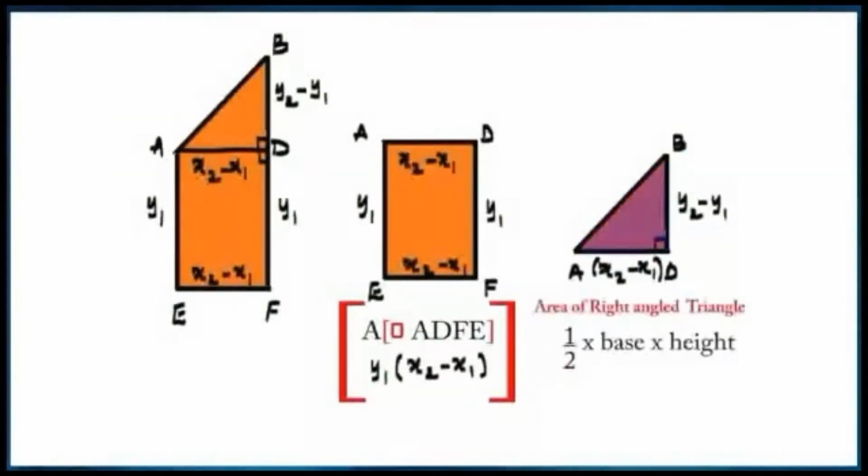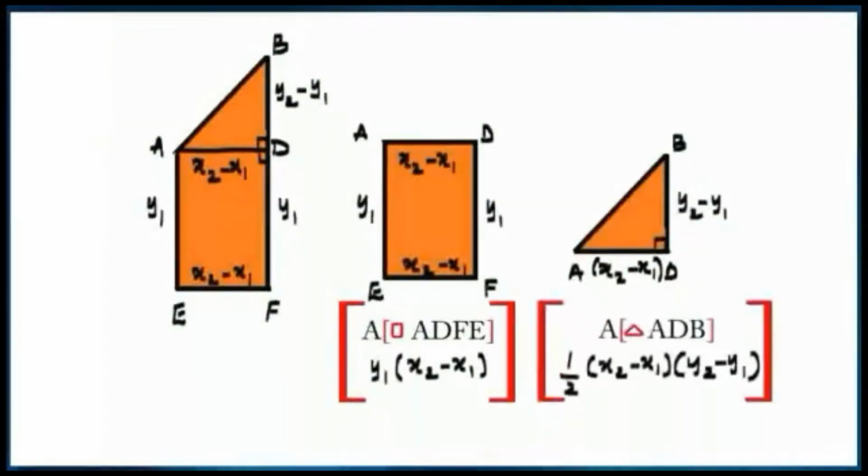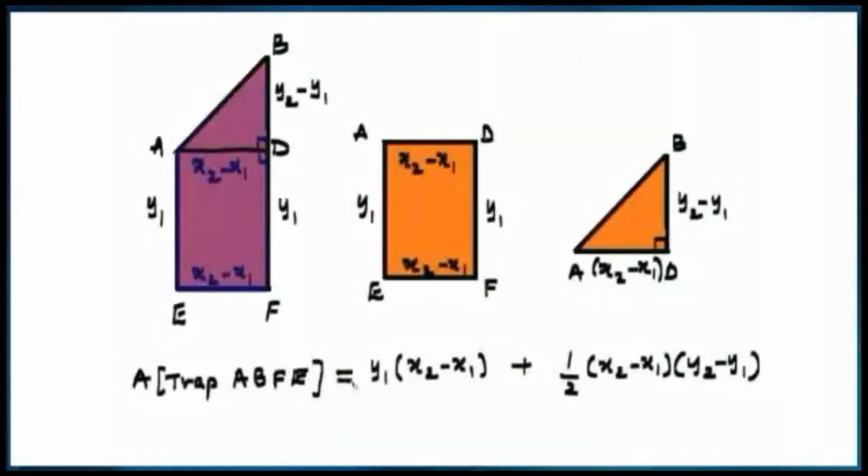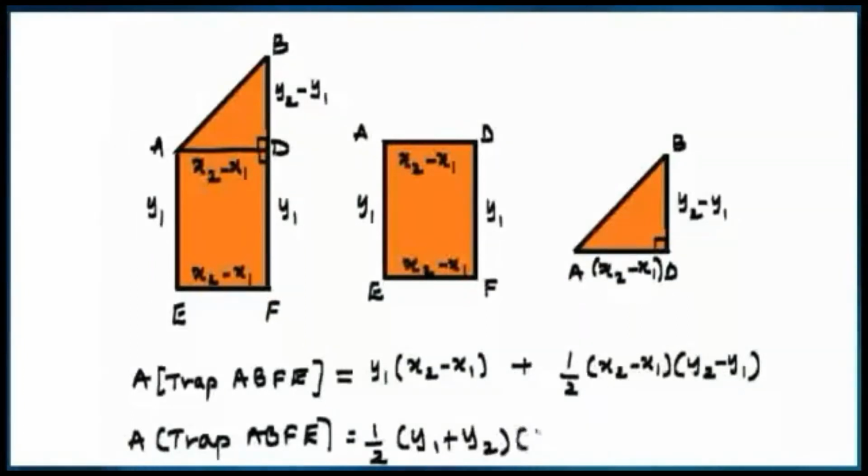Then for the triangle, half into base into height. What is the base? The base is AD, which is x2 minus x1, and the height is y2 minus y1. If we add these two, the area of the trapezium is equal to y1 into x2 minus x1 plus 1 by 2 into x2 minus x1 into y2 minus y1.